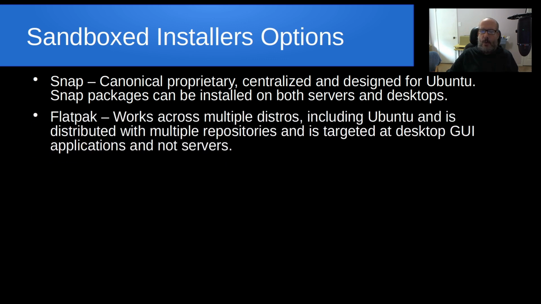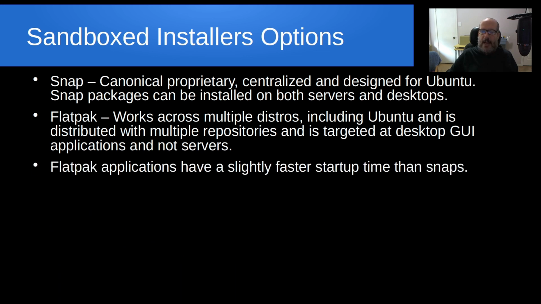Flatpak works across multiple distros, including Ubuntu, is distributed with multiple repositories, and is targeted at desktop GUI applications and not servers. Something else worth mentioning is that although Snap is Canonical based, it was developed as an open source application. It's just controlled by Canonical, whereas Flatpak was developed completely in the open source realm, and that's why people tend to like it a little bit better.